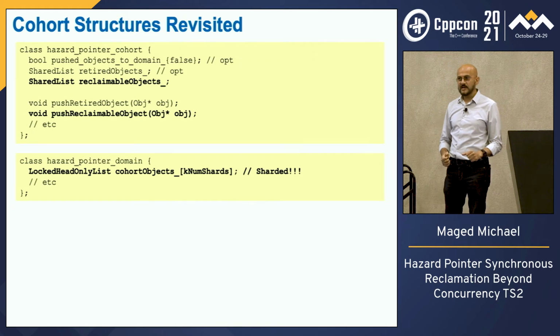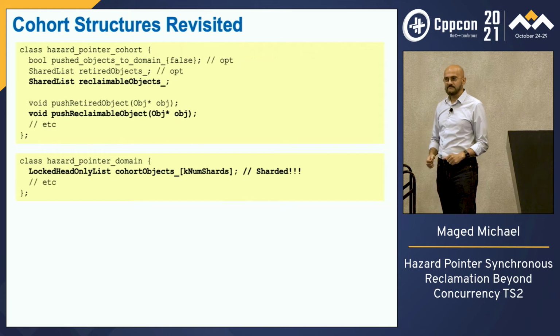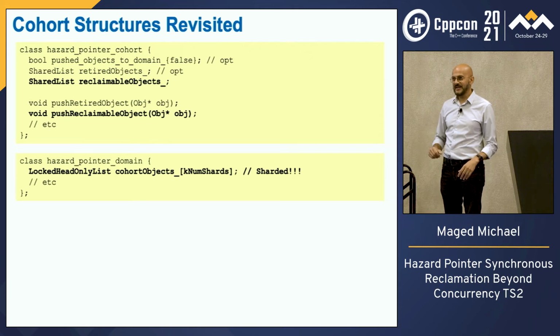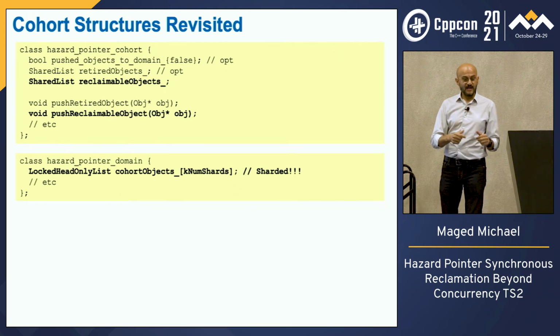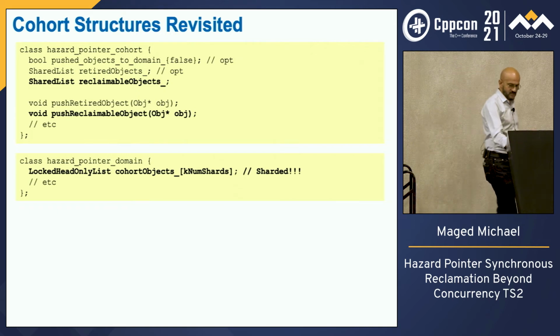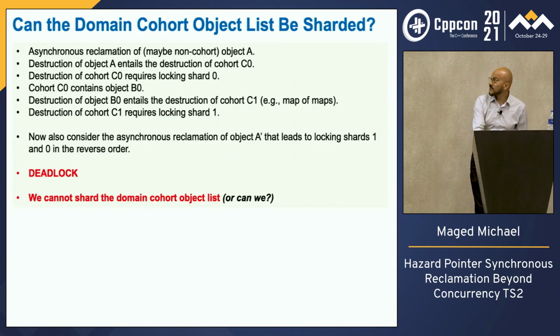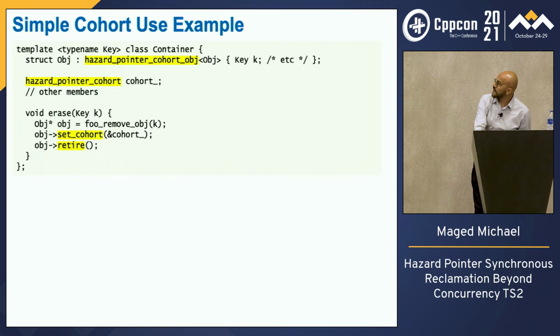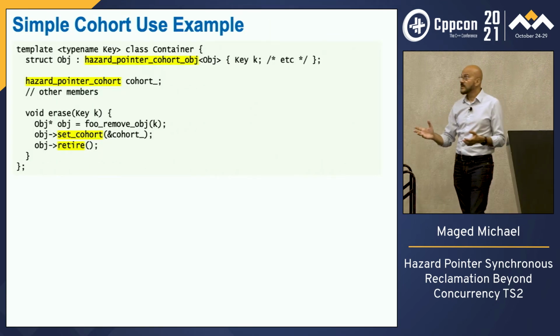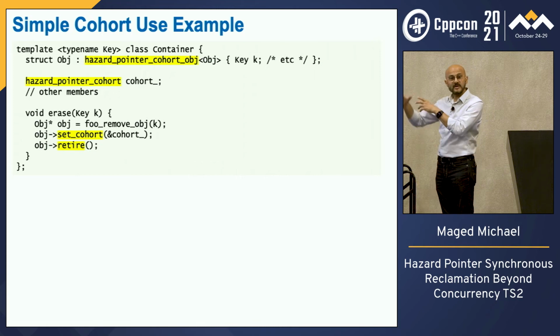Okay. So the question is what determines which cohort? I can't hear you. I'm sorry. Can someone speak up? So the question is, how do you determine which cohort a retired object should go to? Oh, very good. Let me just back up a tiny bit. Let's go to this example. Okay, so now we have a cohort that belongs to the container.